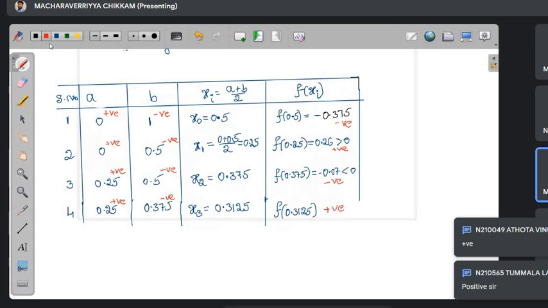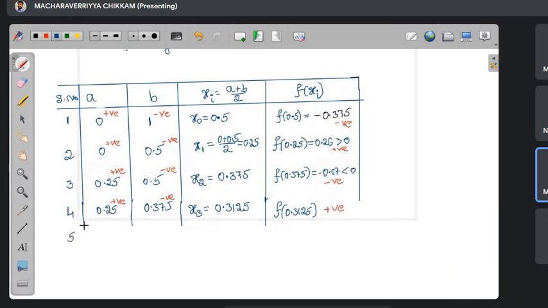Now suppose the n value is 5, so in the fifth iteration we need the root. What is the updated guy? So this one I should update: 0.3125 and this is 0.375.